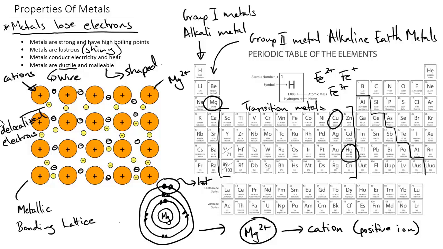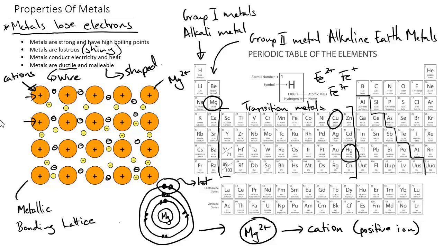The reason why they are very strong is because, as you can see, there's this electrostatic attraction between the positive cation and the negative electrons. So if you look at the difference, you may say, okay, there's a cation, a positive charge here, and there's also a positive charge here.